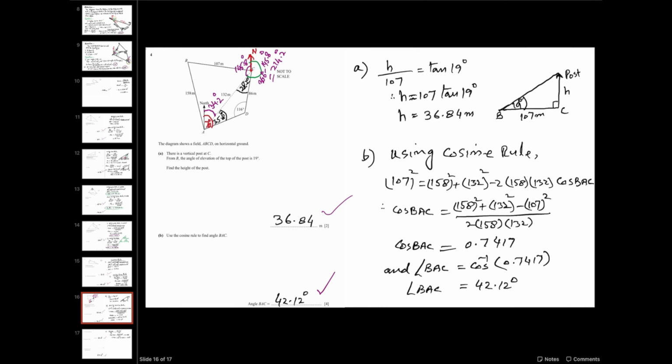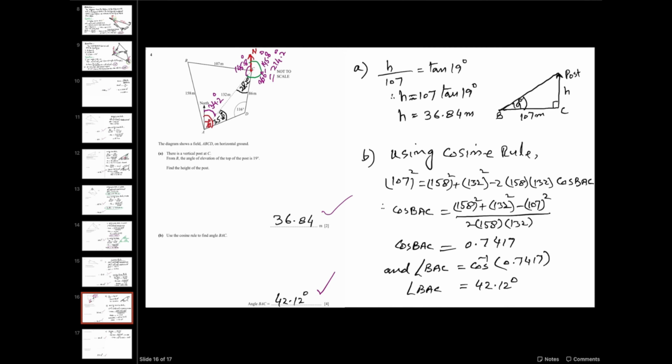Now in B part, I am using cosine rule. 107 square is equal to 158 square plus 132 square minus 2 into 158 into 132 into cos BAC. I am using triangle ABC.